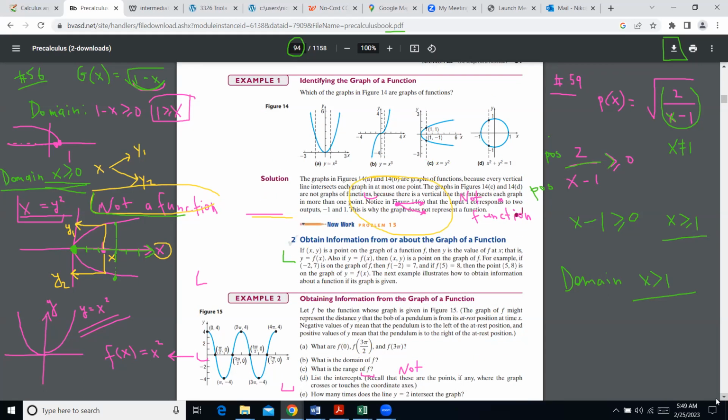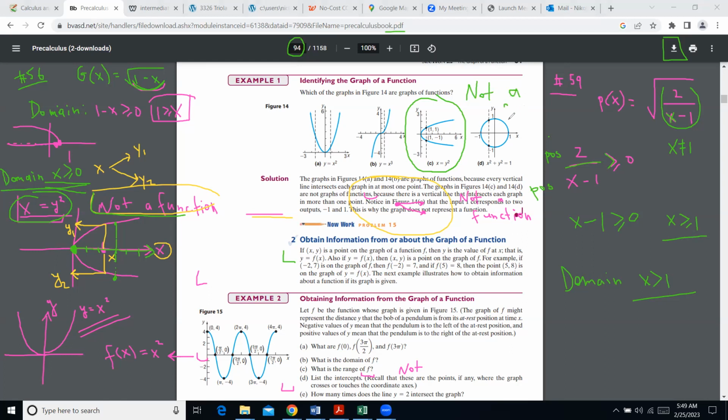Like, for instance, in example 1, they're saying that these two last graphs and the one that we just produced, remember, there was the example x is equal to y squared, is not a function, and we already know that.